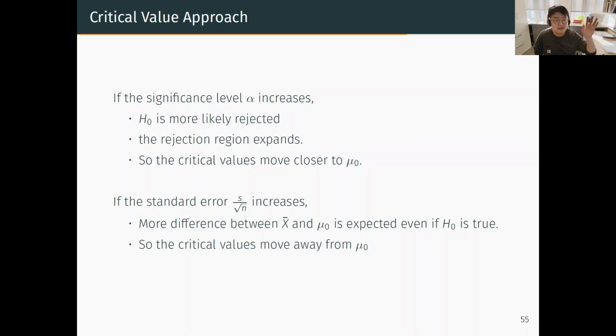I emphasize what's consistent across the 3 methods is that the higher the alpha, the more rejections you are going to make, and the higher the standard errors, the more margin you have to allow between the data and the null hypothesis.